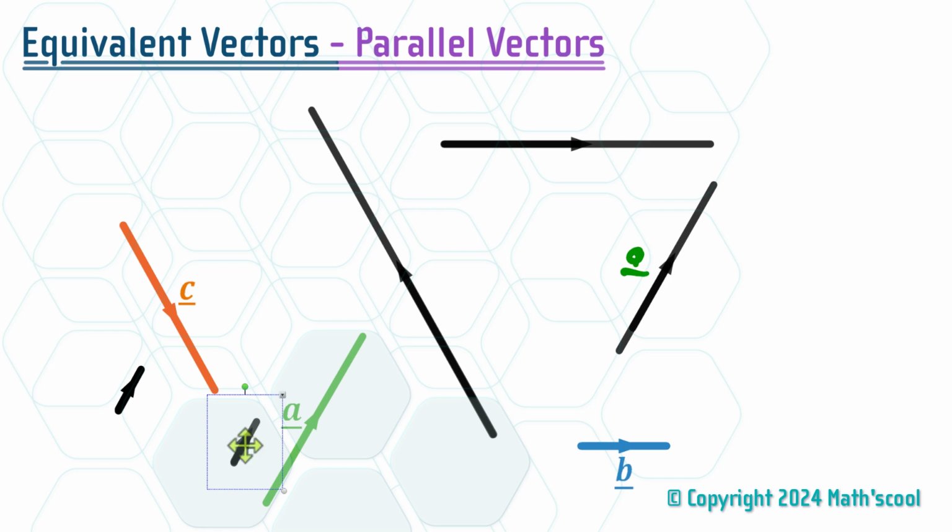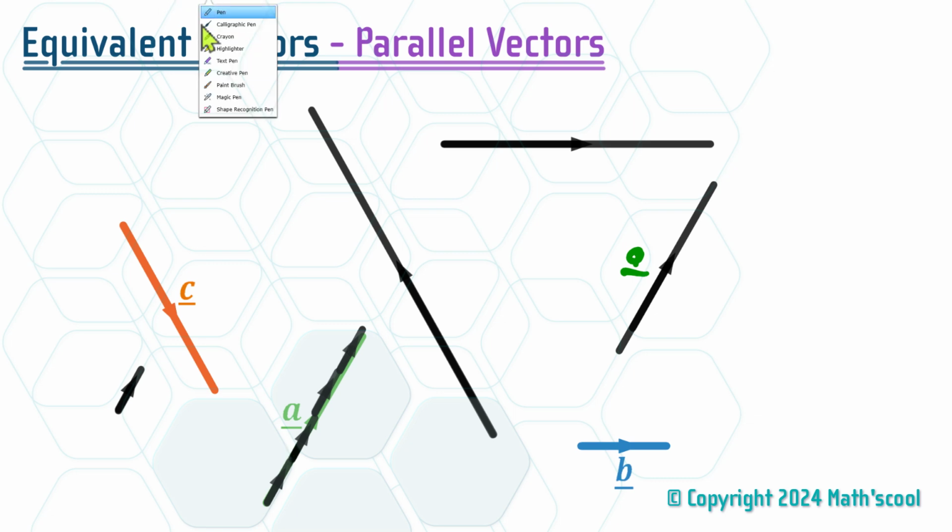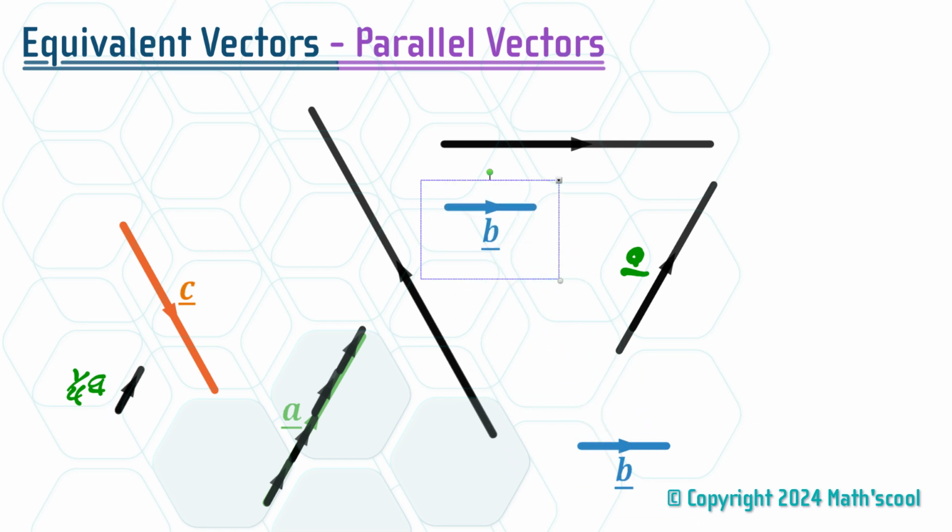I haven't drawn it very well, but I think that you need 4 of them to make up A. So I think this vector here would be a quarter A. And then similarly here, this one and B, it looks like you're going to need a few of the B's.